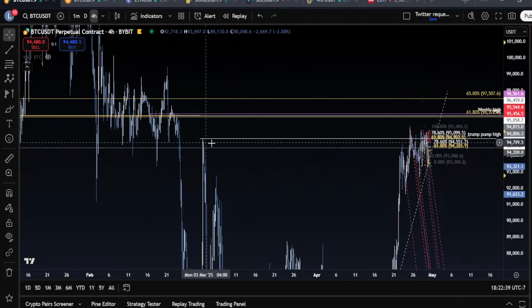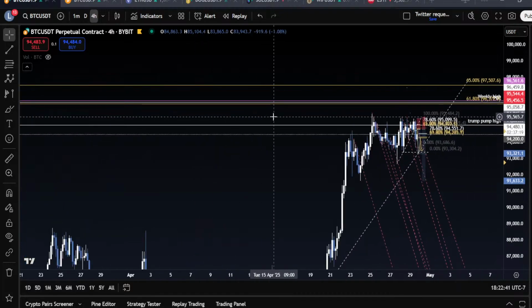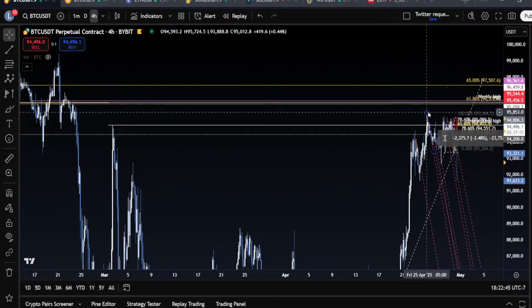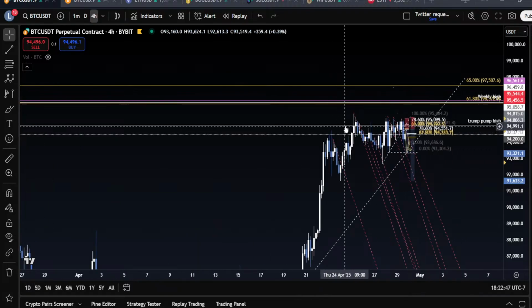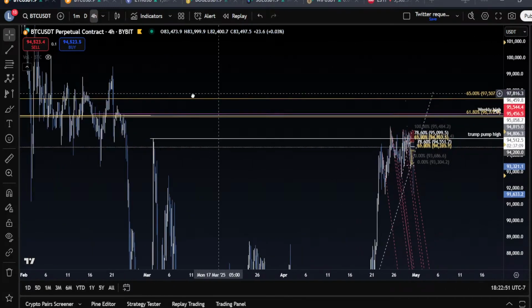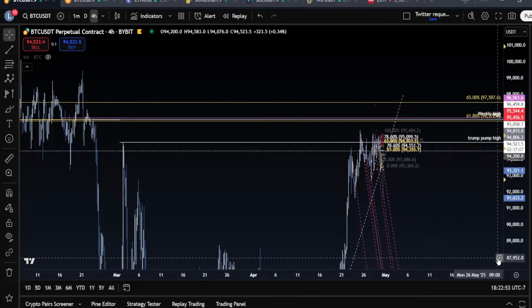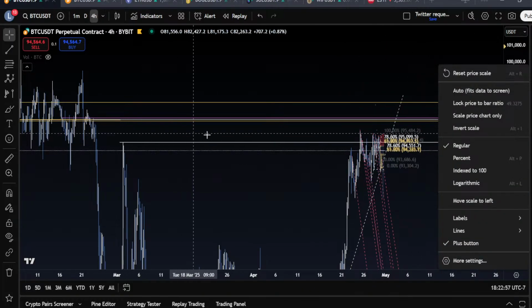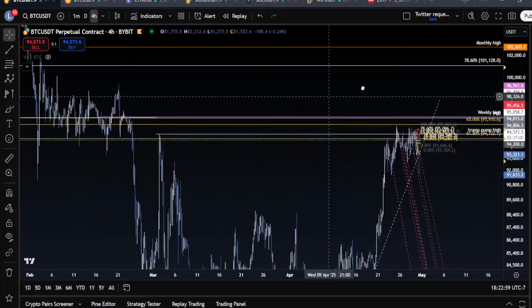We've also taken this high and rejected below it multiple times. So this is a failed breakout of this high. Our non-log GP, big POC up above, some levels up here I'd love to see tap, but for now we're rejecting below this high. We have our log GP here.